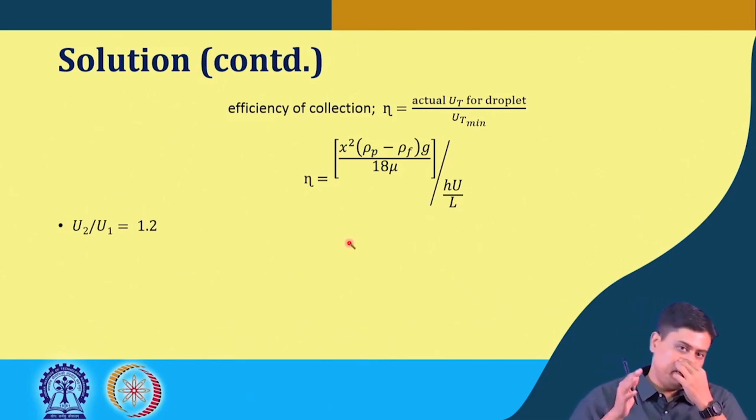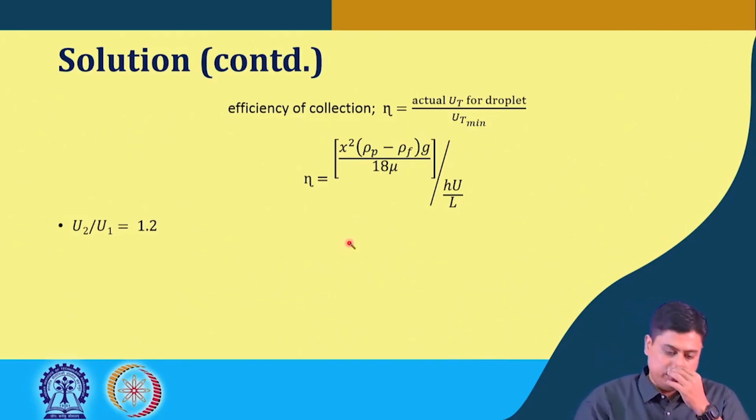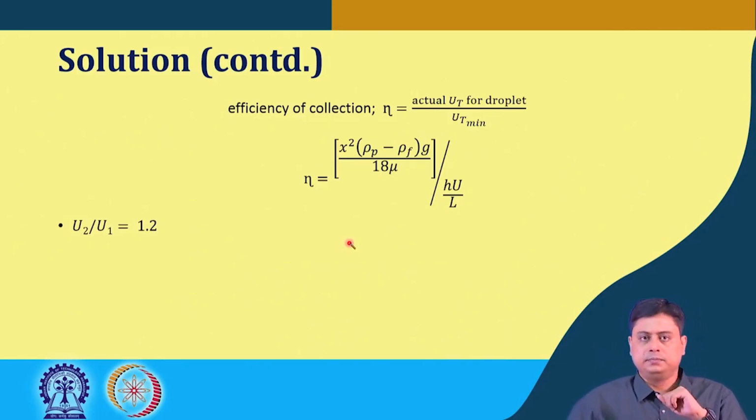Throughput means the mass flow rate. Now, if everything remains the same, fluid density, geometry, it is the change in the velocity only, which is increased by 1.2 here.